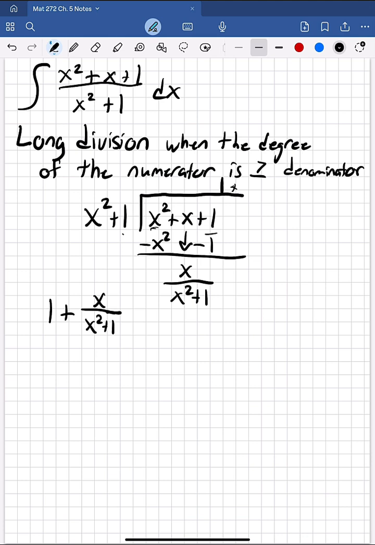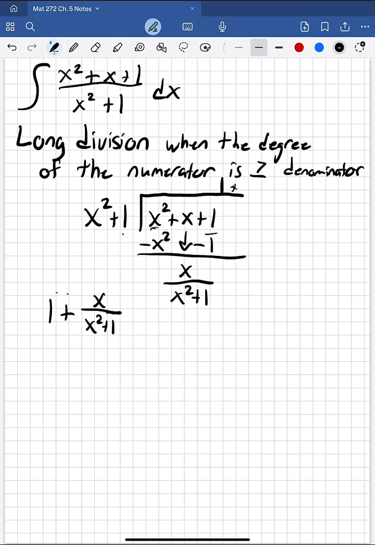And just think about this, right? Like how this came about. Well, 1 is the equivalent of x squared plus 1 over x squared plus 1. So if I added those together, then I would have x squared plus 1 plus x, which is the original. So nothing changed, but now I can do the integral.